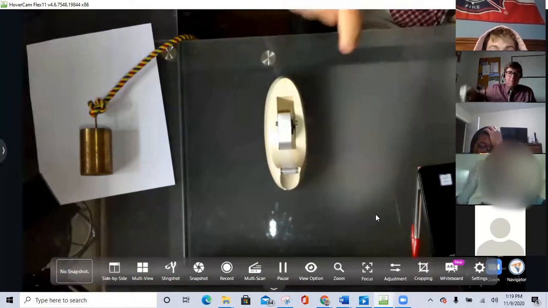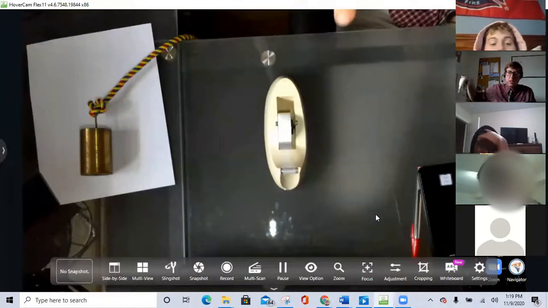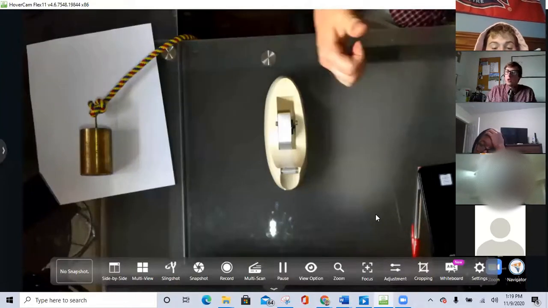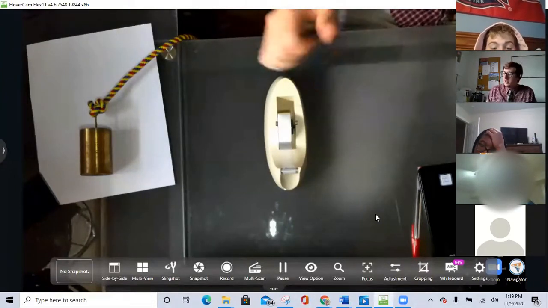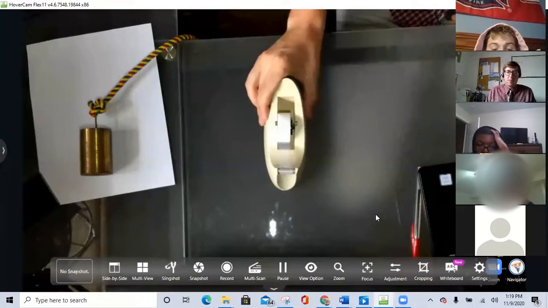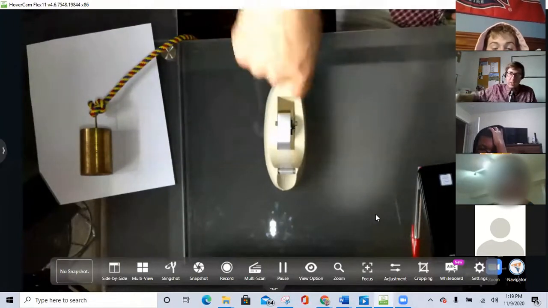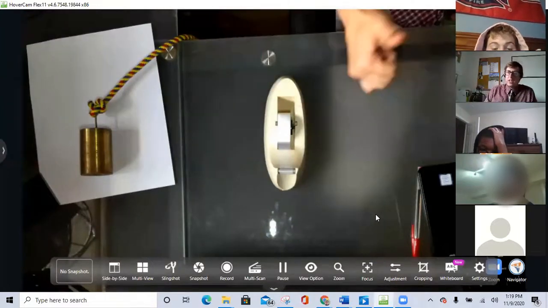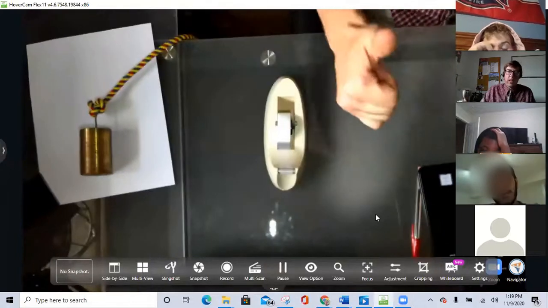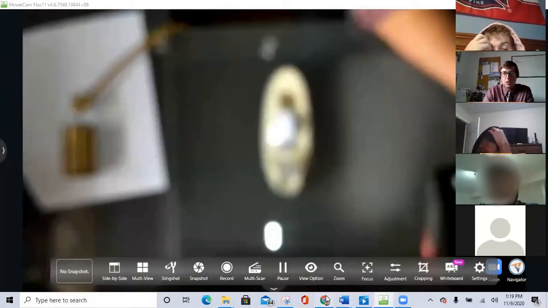But it is not being accelerated towards the Earth, even though gravity is acting on it. So there must be a force from my desk pushing up on this tape dispenser. That's the only reason it is not accelerating down towards the Earth: there's a balancing force from the surface acting up. It's called the normal force.